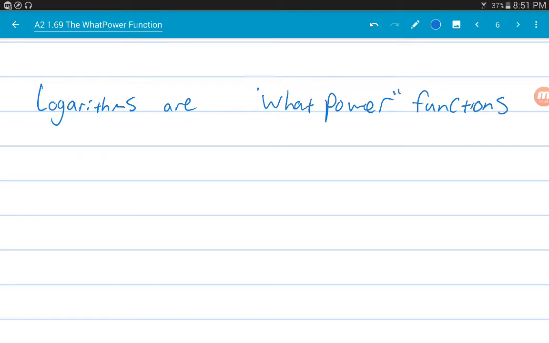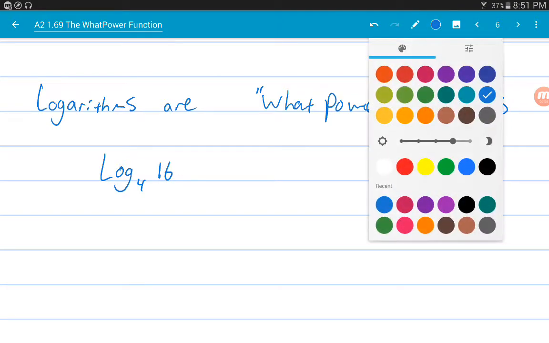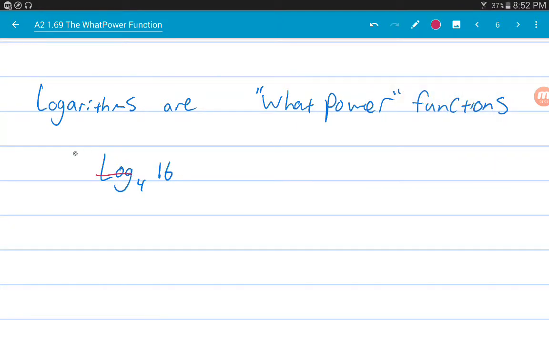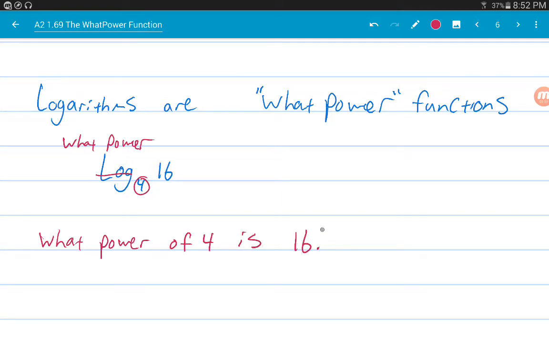Okay, so they are WhatPower functions. For instance, if you see something that looks like this, log base 4 of 16, remember that log is a WhatPower. So what I'm really asking is, what power, or what exponent, of 4 is 16?